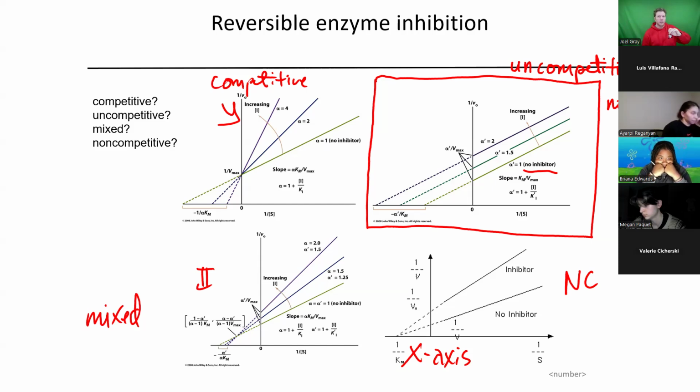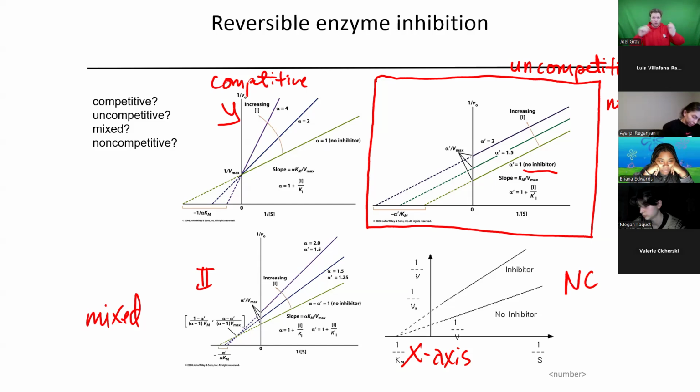Then we have intersection on the y-axis, which is our competitive inhibitor. Then we have intersection on the x-axis, which is non-competitive. And we've got intersection in quadrant number 2, which is our mixed inhibitor. I think that is the best way to do it and build out from there.